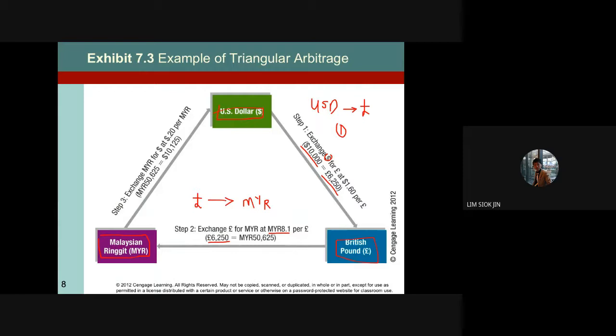So you get 6,250 pounds you get to exchange for 50,625 ringgit. All right. And the final step is you use the quote of US dollar and ringgit where 20 cent USD equals 1 ringgit.